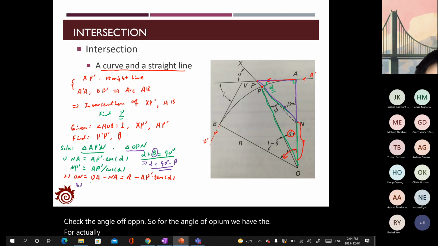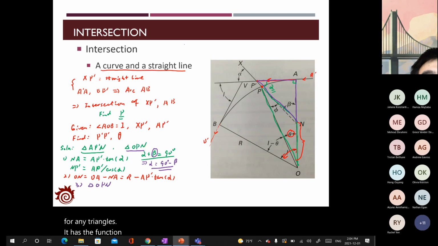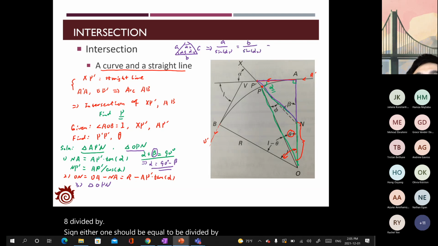For any triangle, it has a relationship: if the sides are A, B, C and the opposite angles are alpha 1, alpha 2, and alpha 3, then A divided by sine alpha 1 equals B divided by sine alpha 2 equals C divided by sine alpha 3.